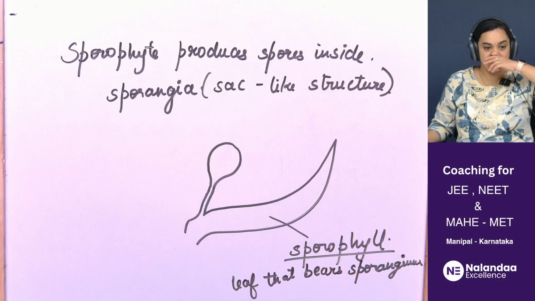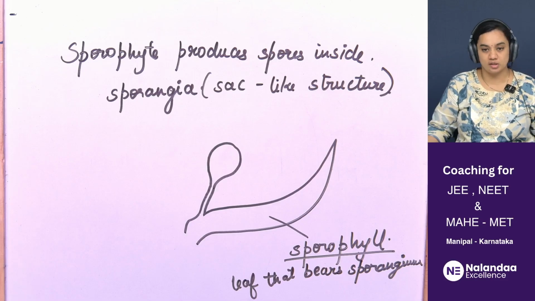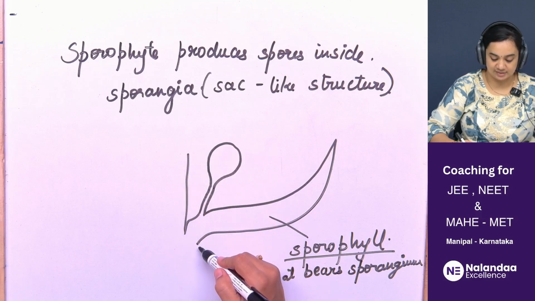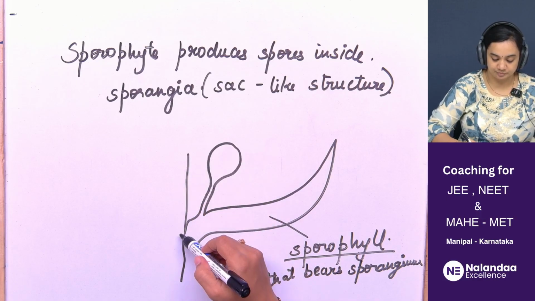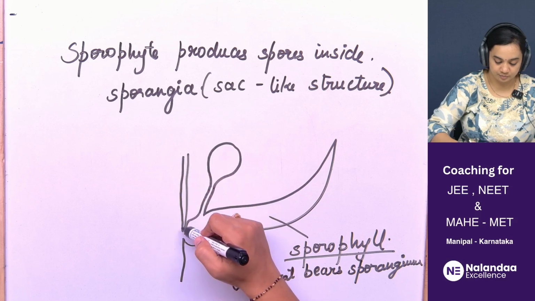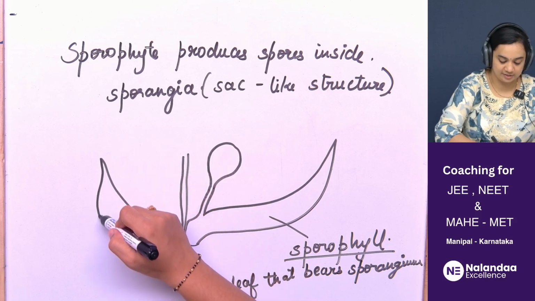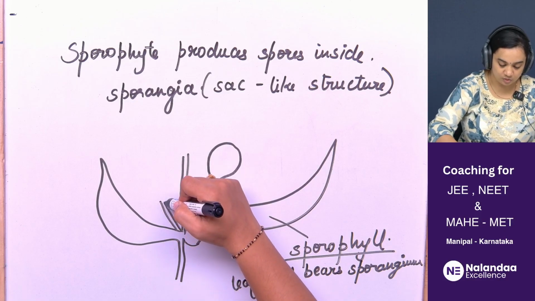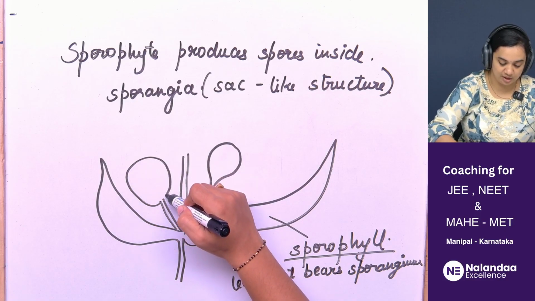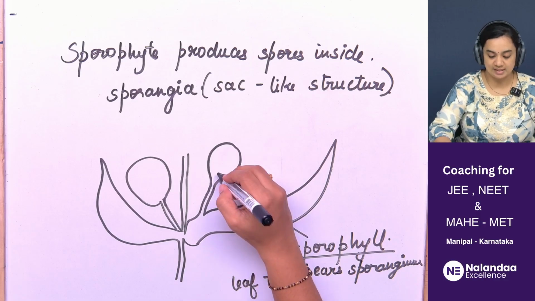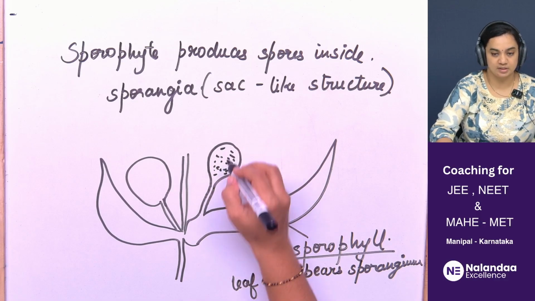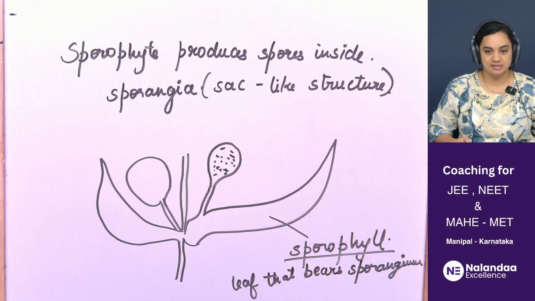Okay, the leaf that bears the sporangium is called the sporophyll. And so there's the central axis like this, and on either side it will have the sporophyll. So on this side there will be another sporangium. So inside this sporangium there will be spores present. Is this clear? So this is how it is present.